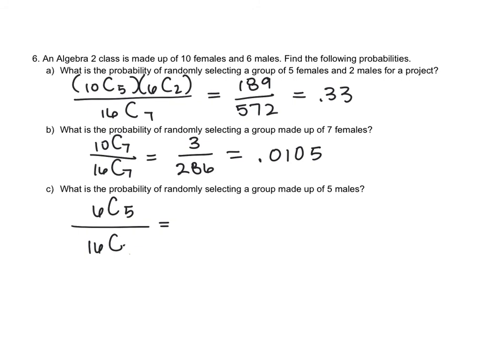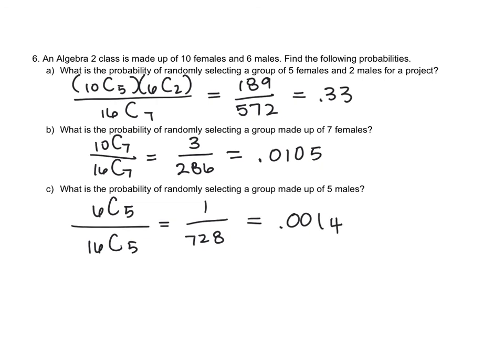It's going to be 16 choose 5 because we're only doing 5 people. So 1 over 728, which as a decimal is 0.0014.